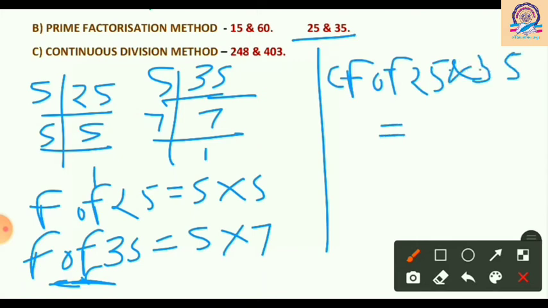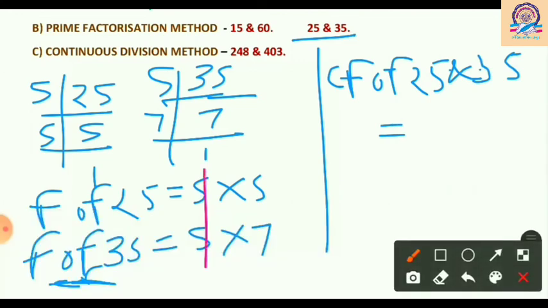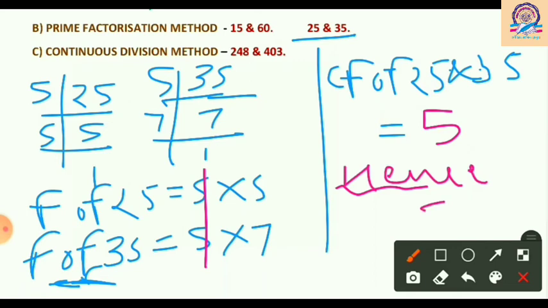Here you can check which numbers are common. Yes, 5 is the only common one, so write 5 only. And at last you can write the sentence: hence the HCF of 25 and 35 is only 5. It will be your answer. In this way you can find it easily.